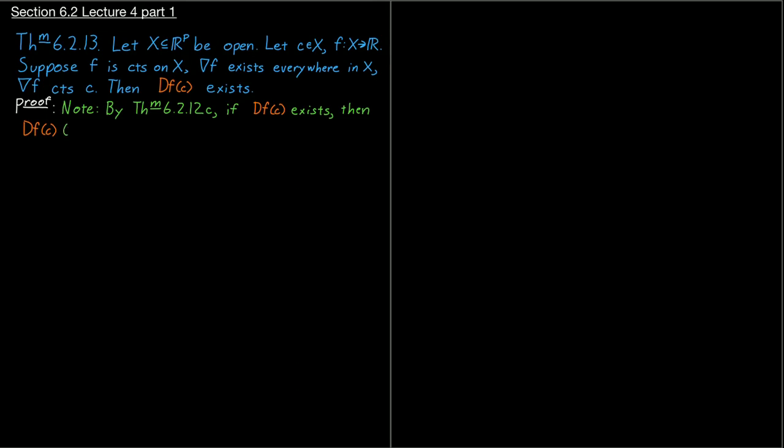It's the linear operator df of c of y. The only thing it's allowed to be is the inner product of the gradient of f at c with y. So we will try to prove that this inner product with the gradient linear operator in fact has the properties we need for the derivative.